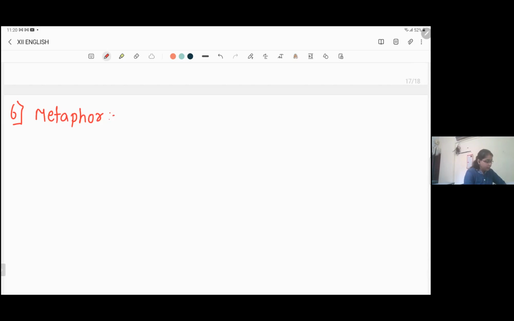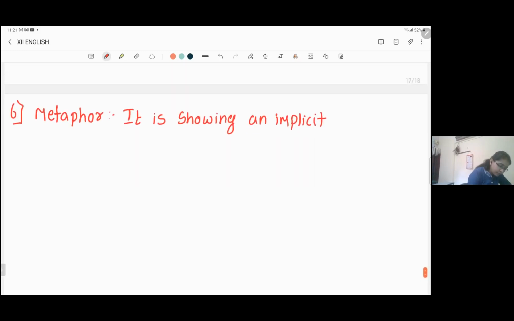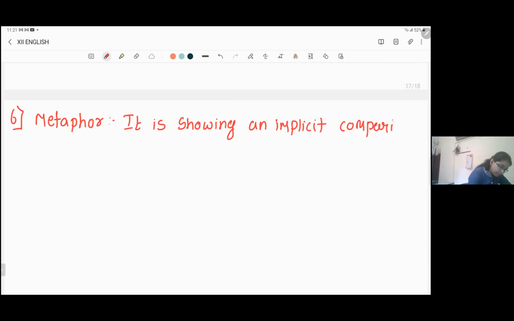A metaphor is an implicit comparison. So, there are no adverbs like like and as.